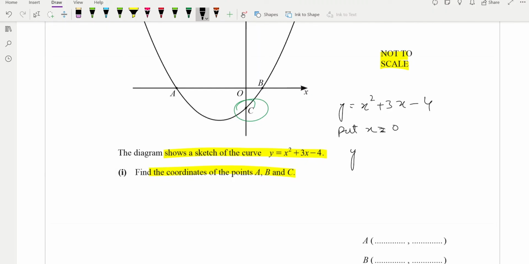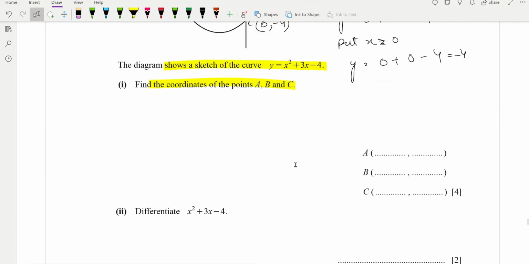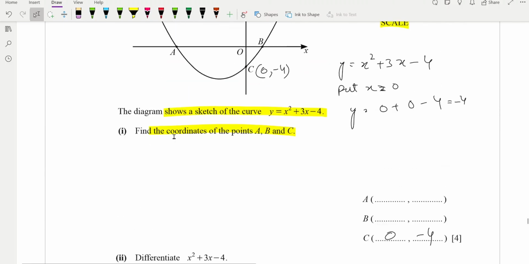So it will be y is equal to 0 plus 0 minus 4, which is equal to minus 4. So this C will have coordinates 0 and minus 4, and we can write here 0 and minus 4. This will be the coordinates of point C.